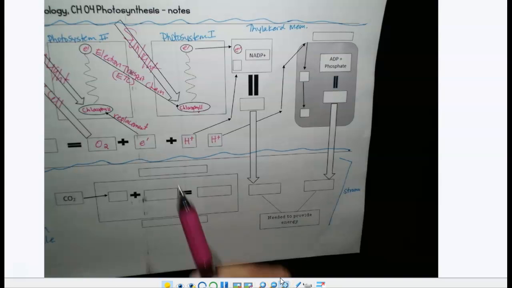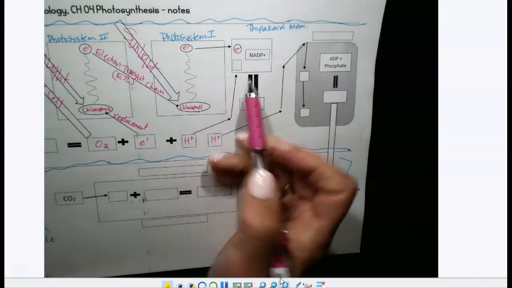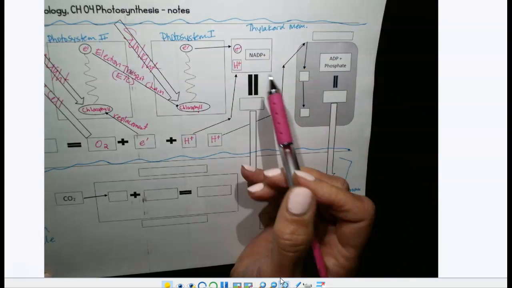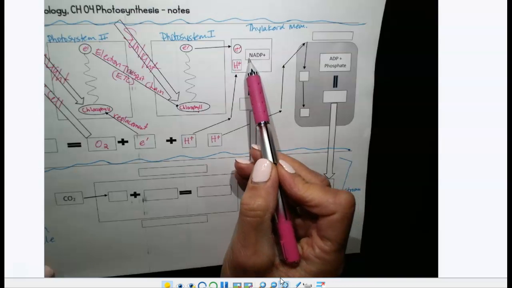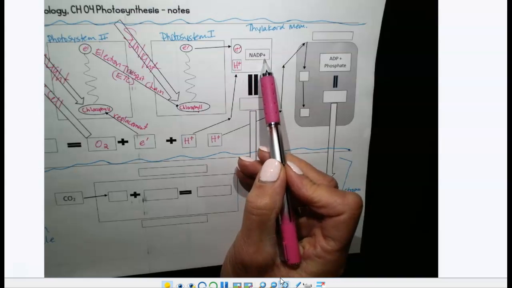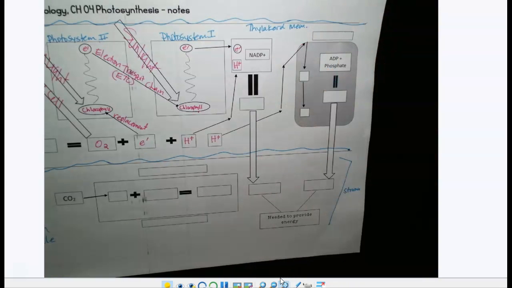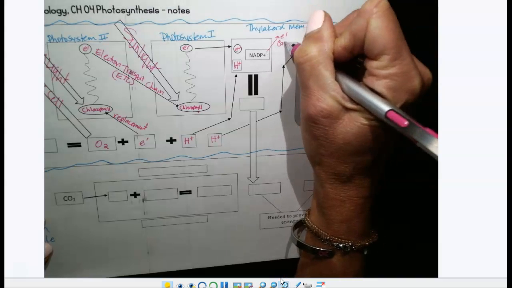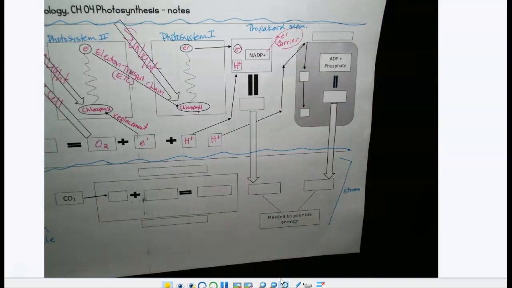Okay, so this hydrogen ion floats its way up to here. So put H+. What happens is we have this electron, this hydrogen ion, and a molecule called NADP+. This guy is actually just an electron carrier. His job is just to move electrons to where they're supposed to go.